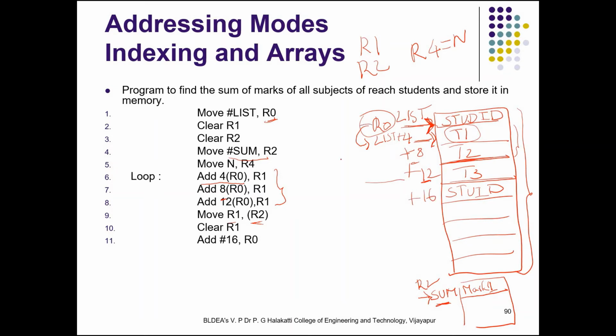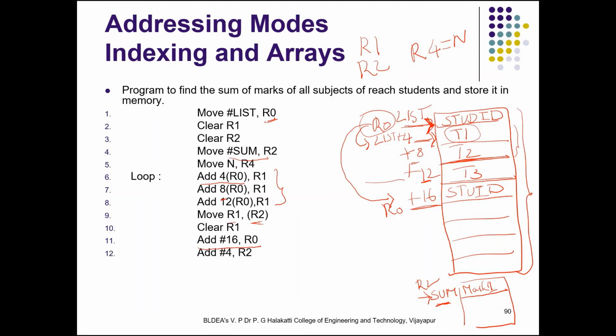So I need to change the content of R0 to point to this location, that is at least plus 16. So we add here constant 16 to R0. So now R0 will point to the second student ID.